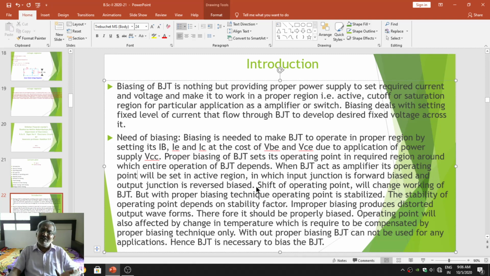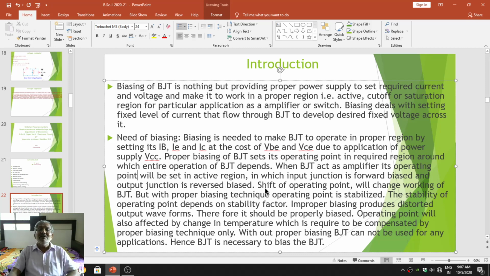Already we know it, we have studied it last year also. If BJT is going to act as an amplifier, naturally the operating point is located in the active region at the cost of input junction being forward biased and output junction being reverse biased.